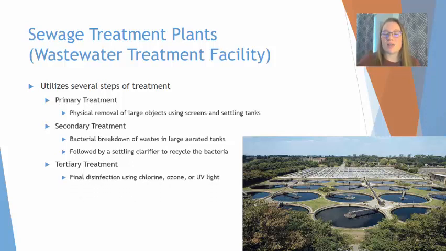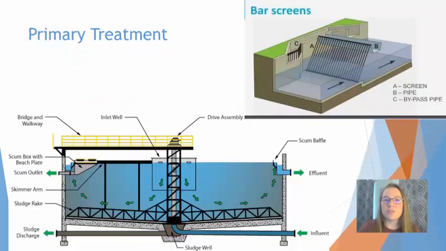Finally, that water then moves on to tertiary treatment where it is disinfected, and a few common methods would be using either chlorine or ozone or UV light and even sometimes filters to remove any of those bacteria that might remain.